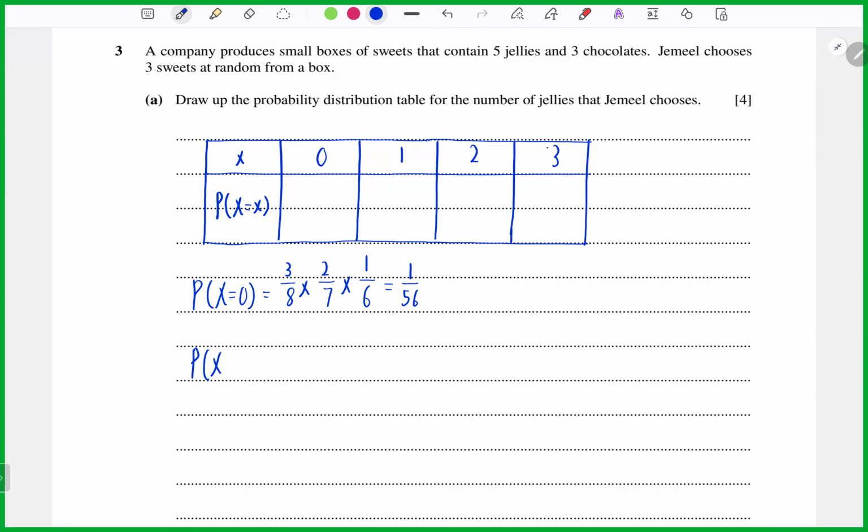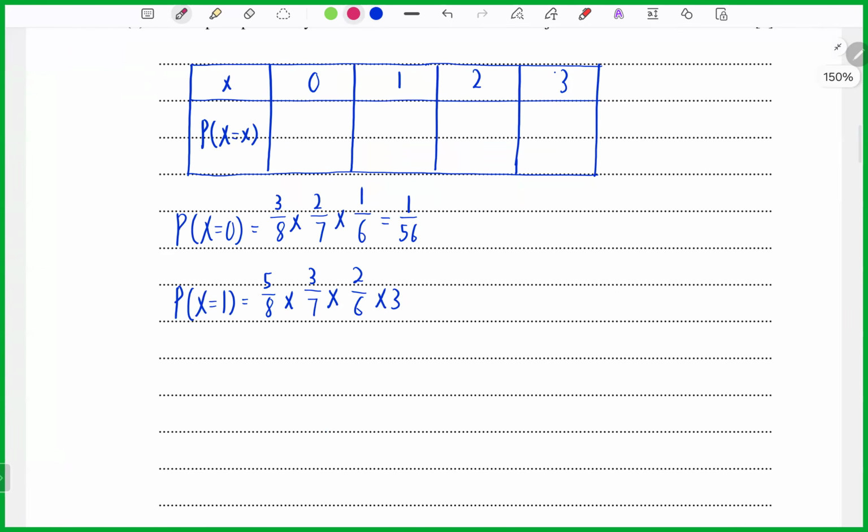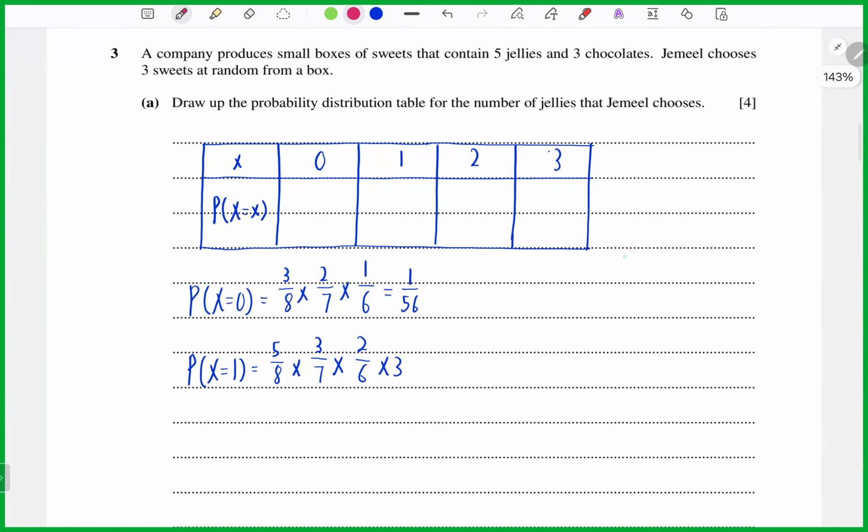Okay, when x equals 1, you need to take 5 over 8 multiply 3 over 7 multiply 2 over 6 multiply 3 times. Why 3 times? Because she can choose a jelly the first time, and the second and third times choose chocolates.